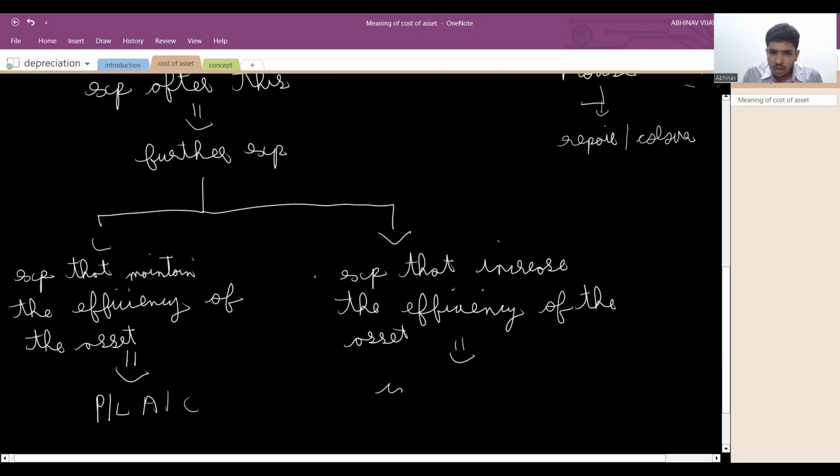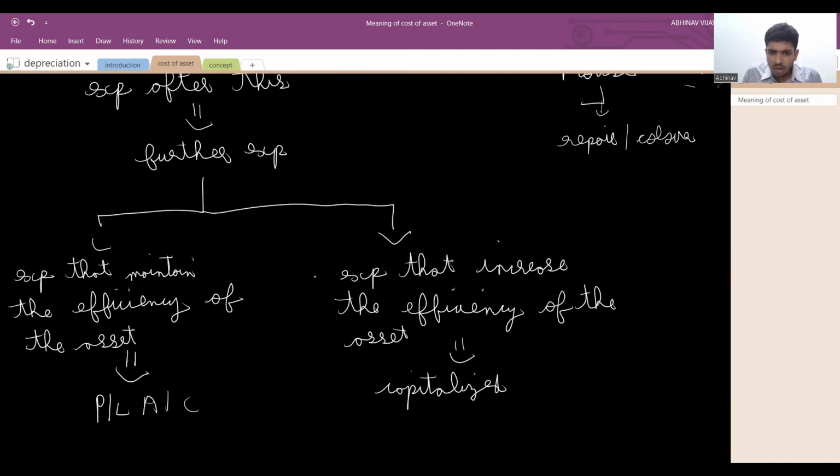This is capitalized. What does capitalized mean? Capitalized means, it's few people use S, that is also right for capitalized spelling. That means it's added to the cost of the asset.